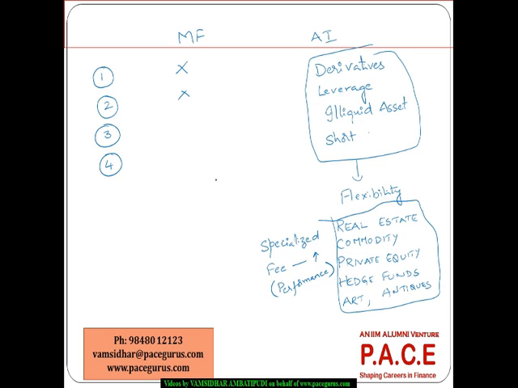Another important thing with respect to alternate investments is that there is not too much of a publicly traded market. So liquidity is a major concern with respect to a good number of alternate investments. Compared to the traditional stock and bond markets, the liquidity is much lesser for them. You need a specialist to actually manage it, and even from an investor's perspective, the knowledge required is going to be much higher.